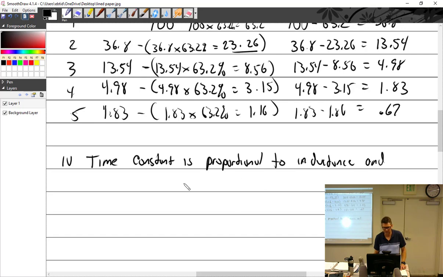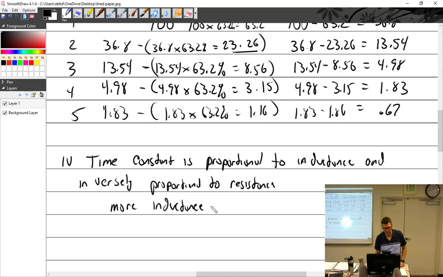And inversely proportional to resistance. So more inductance equals what? Longer or shorter? Longer. Okay. More resistance equals shorter.